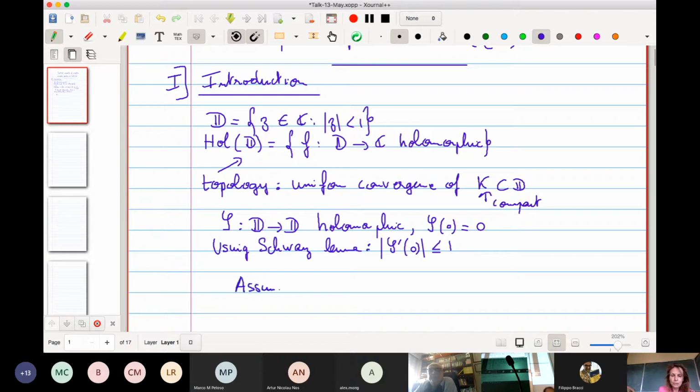So in other words, we assume that phi is not a rotation.